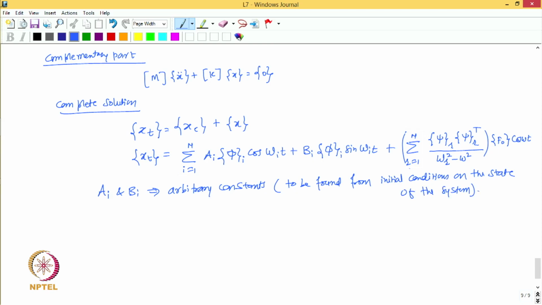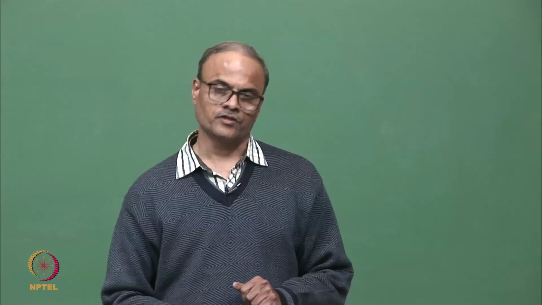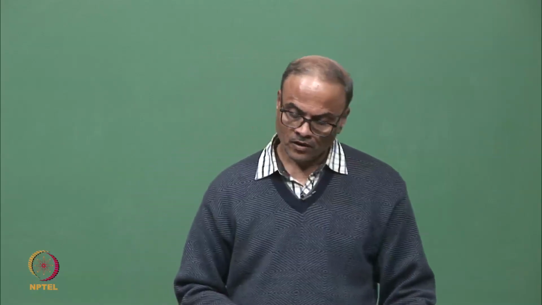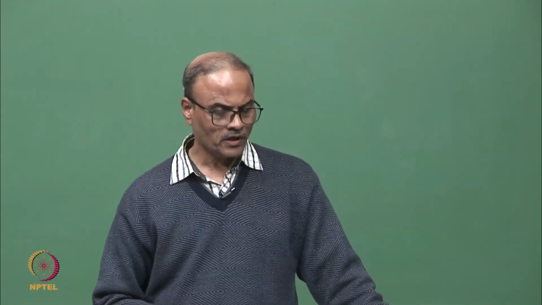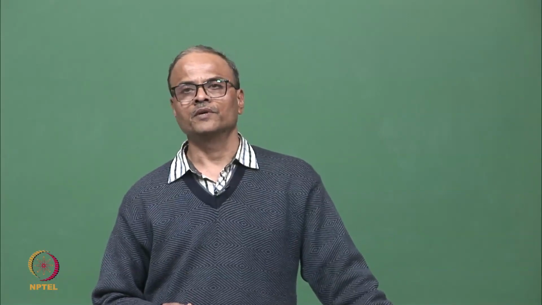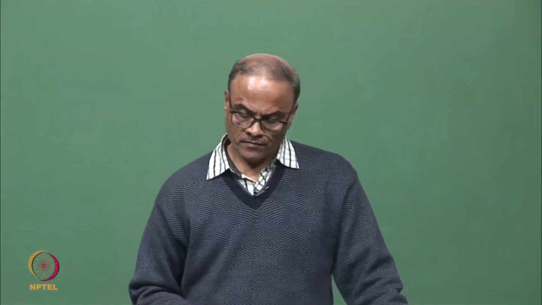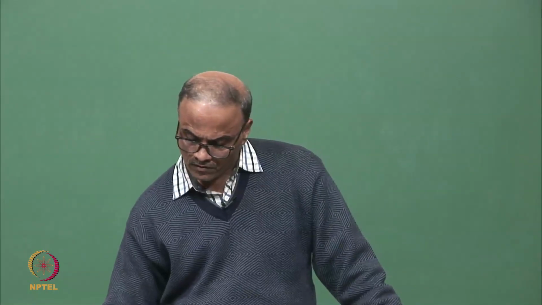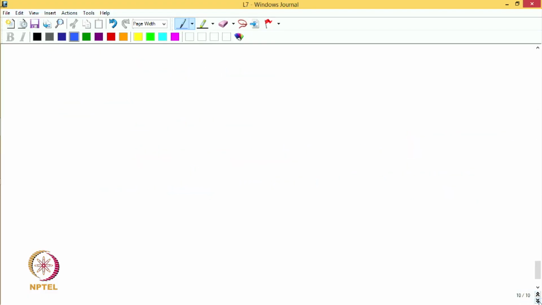Once the initial conditions like the initial displacement vector and initial velocity vector are given, we can obtain a i and b i from here, because those would be 2n conditions, and there are 2n unknowns, so these equations can be solved. This is nothing but the forced harmonic response of the multi-degree of freedom system. Let us go to the next page.